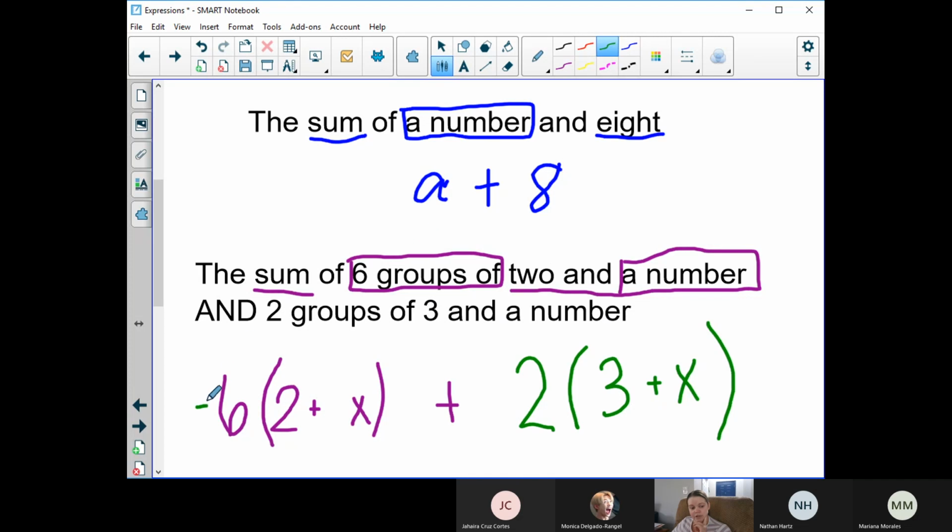So this expression right here is what these words up here, the written expression, is telling me to do. Any questions about that one?